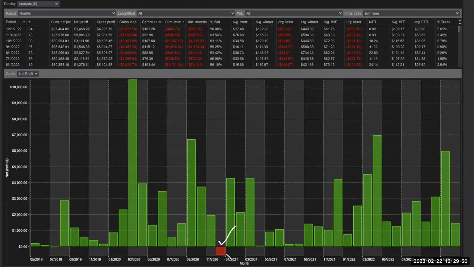As you can see, this is 1,000 from here to here, so that's maybe somewhere between $500 and $600. That's it, a losing month. But notice the month prior, it made almost 2K, and the month after, it made over 4K.